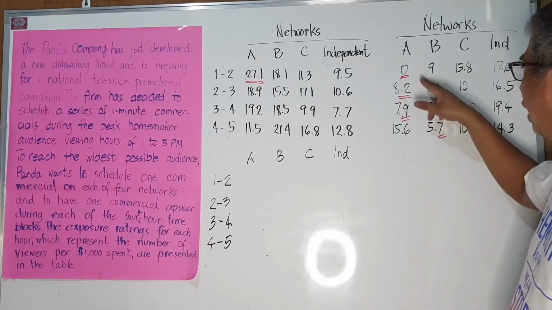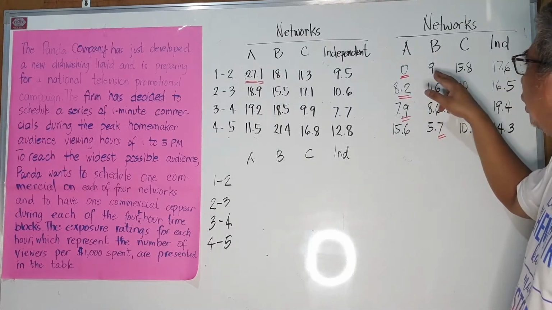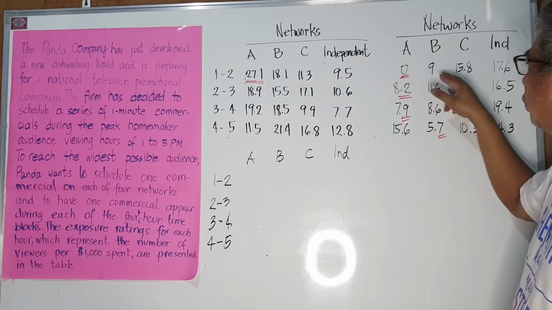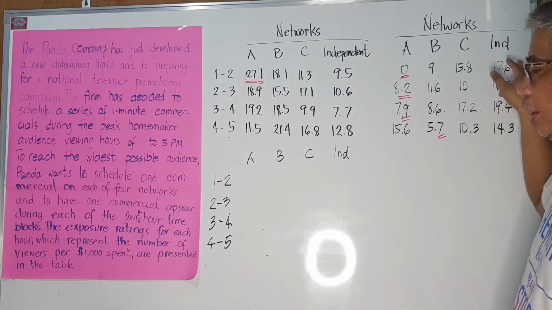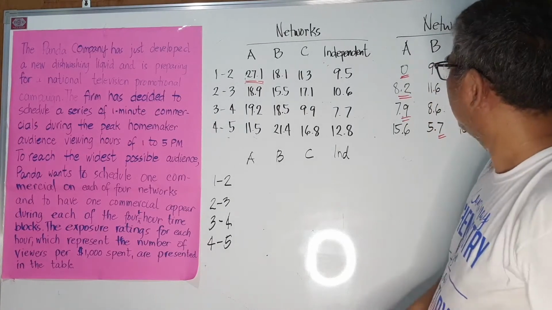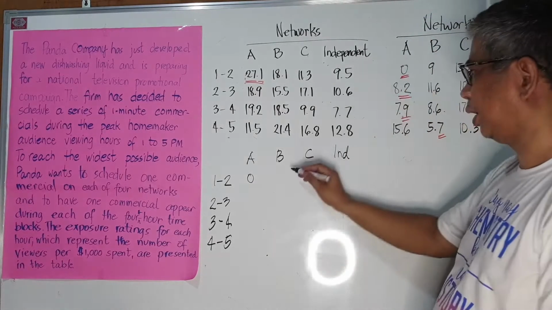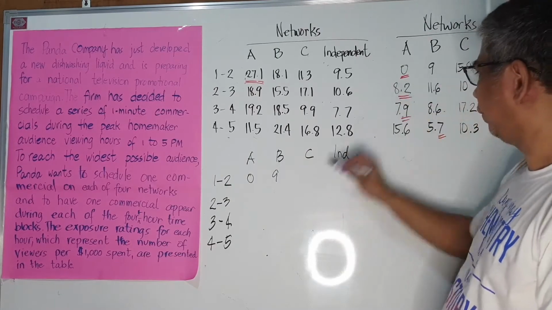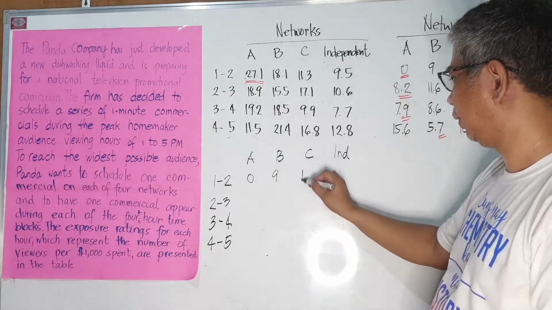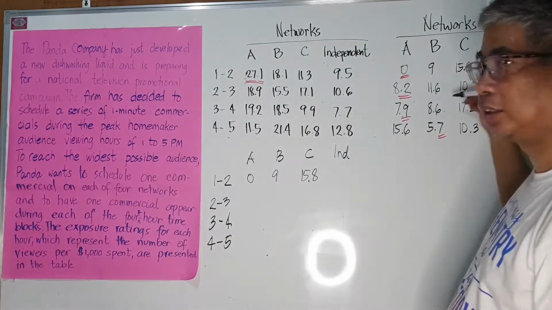So, we deduct the smallest value from each number in each row. So, 0 minus 0 is 0. 9 minus 0 is 9. 15.8 minus 0 is 15.8, then 17.6.